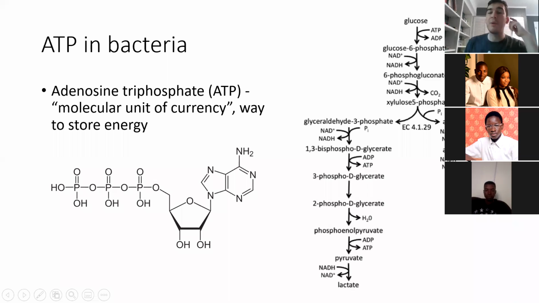And this is just an example of glycolysis, the breaking down of glucose in the cell. You don't need to fully understand this pathway, I don't think, but just understand that glucose is used as a way to make energy. Complex chemical reactions happen.